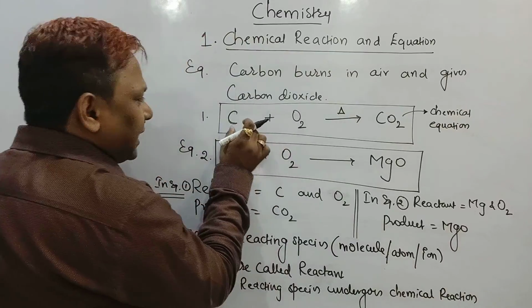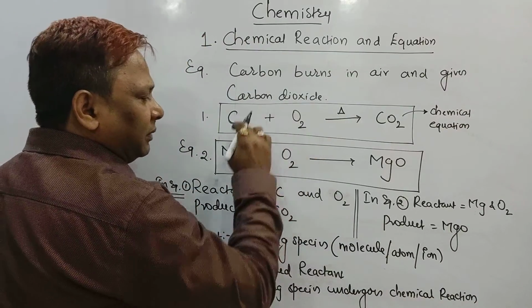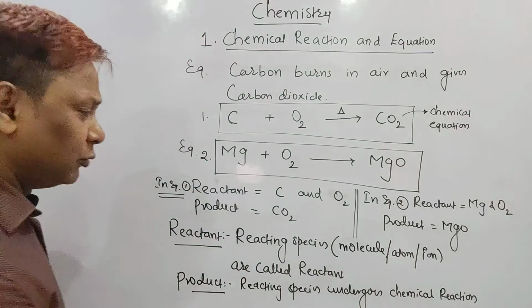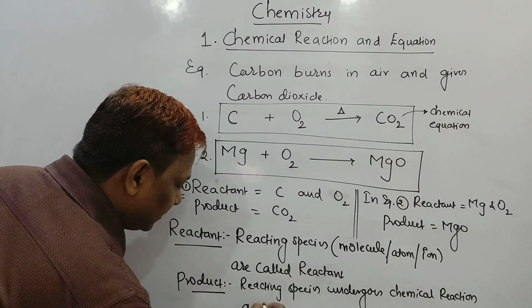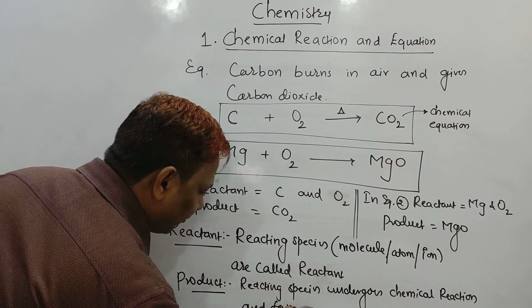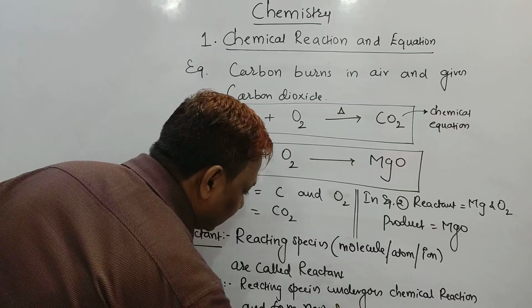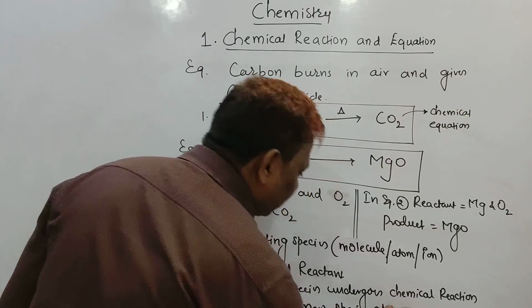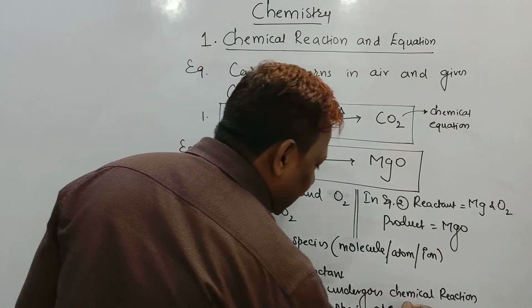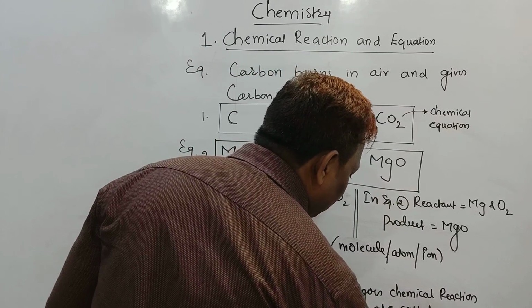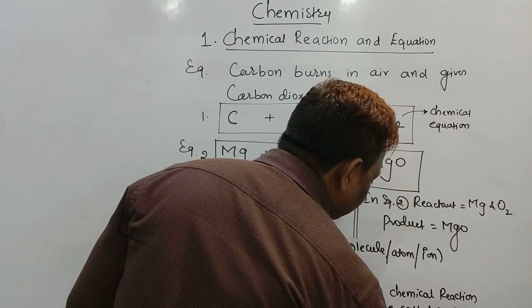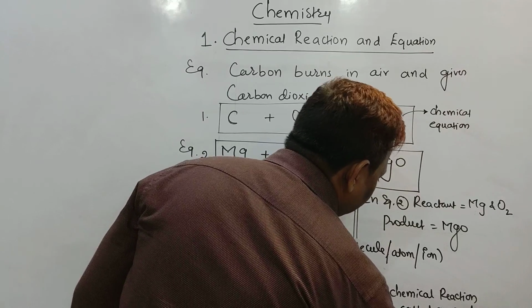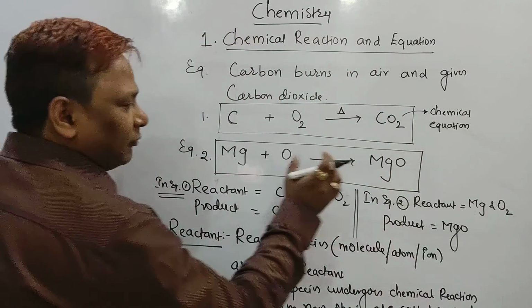See beta, these are the reacting species. They undergo chemical reactions and form new species. These new species formed during the chemical reactions are called products. So first of all, we saw what the reactants and what the products are.